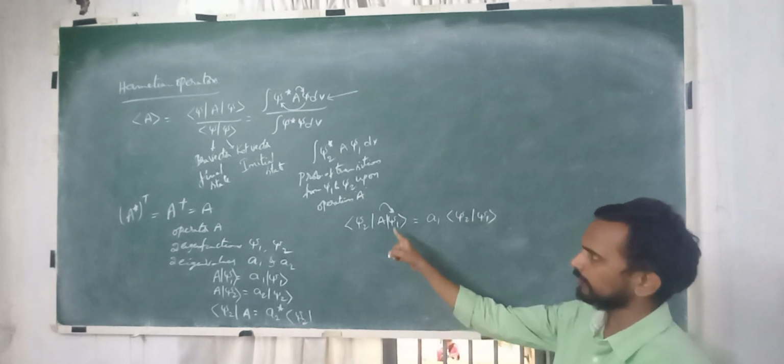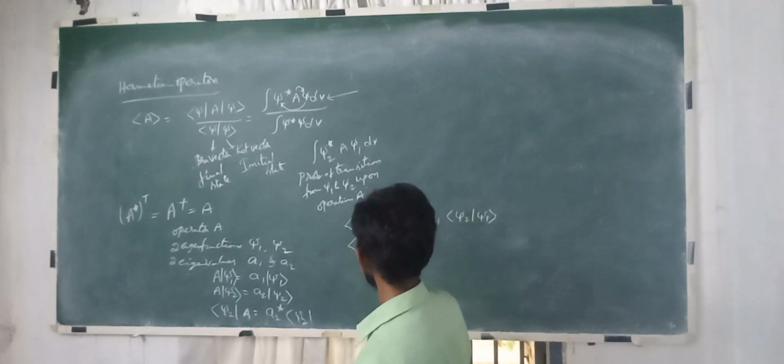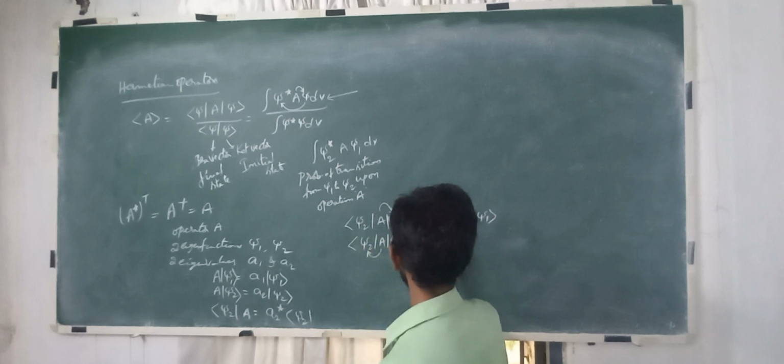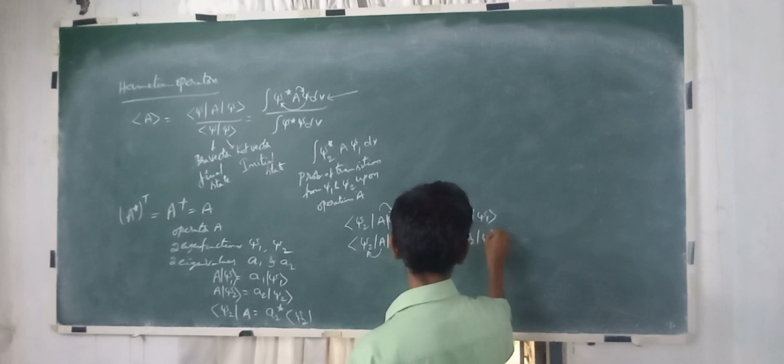So if A operates on psi 2, what do I get? Psi 2 A psi 1. If A operates on psi 2, I will get a2 star psi 2 psi 1.